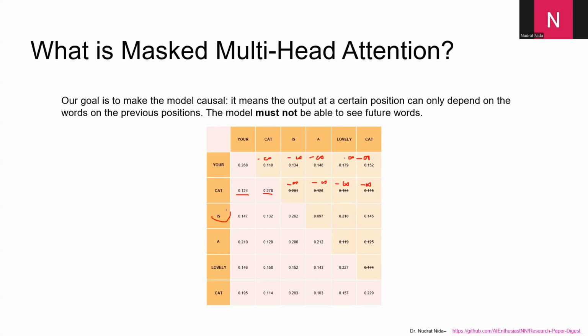This is the third word, so it can see only the words up to the third place. "Is" is not related with "your" and "cat", but it is related with itself, so the correlation for "is" is maximum as compared to the previous two words. Similarly, this diagonal must have the maximum value, and at the end the model is able to see the entire sentence, and we don't have to apply any infinity mask.